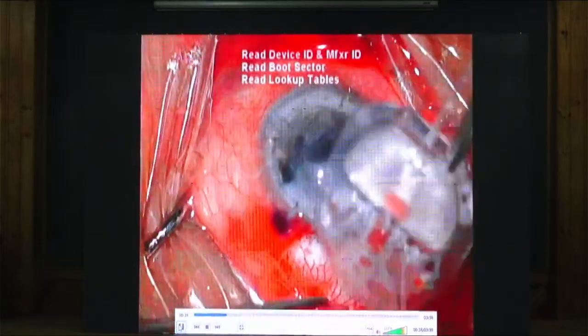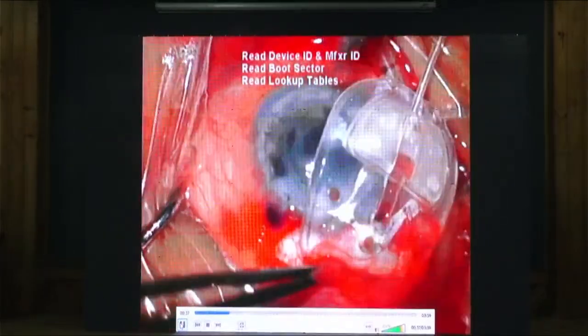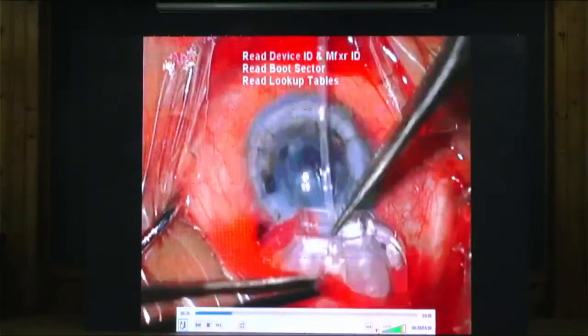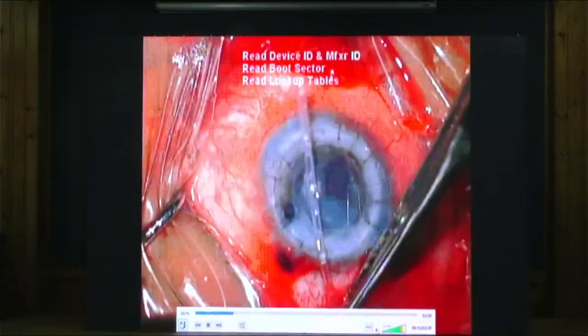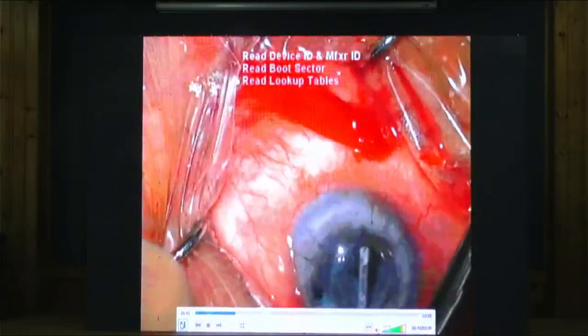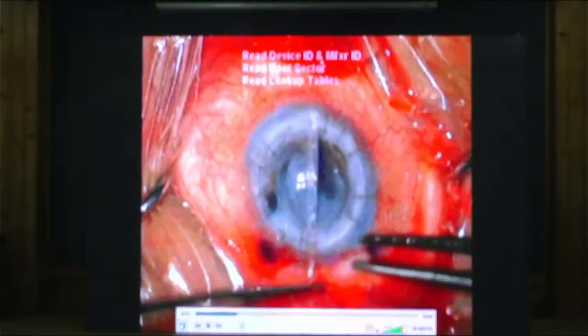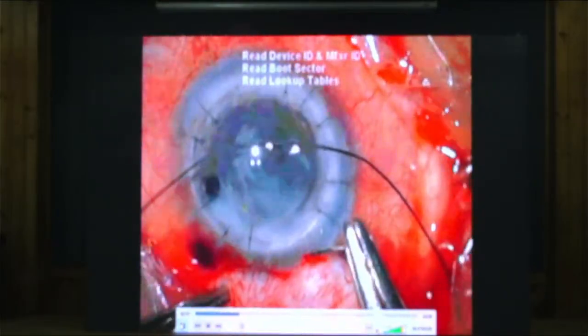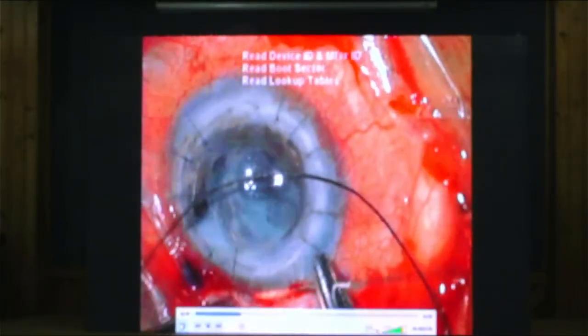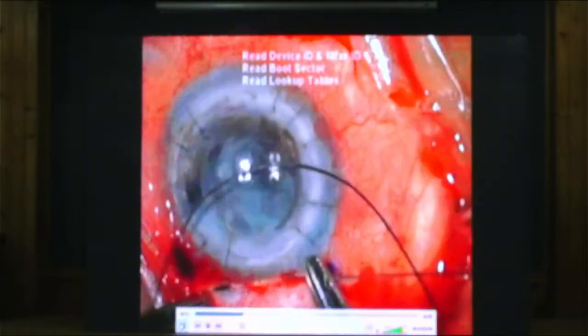One week before, the patient underwent pars plana vitrectomy with capsulectomy. The IOL is already there. I had no donor sclera, so this is a technique I am using: without donor sclera, I will be putting the Ahmed valve.